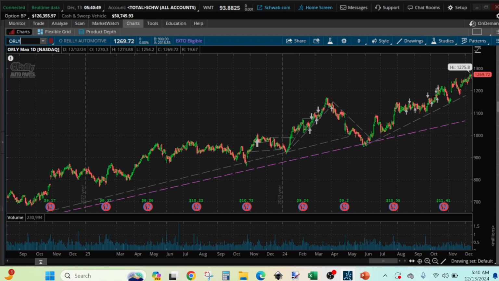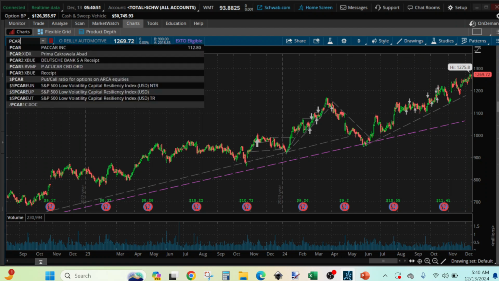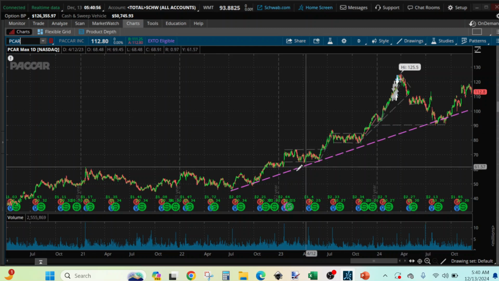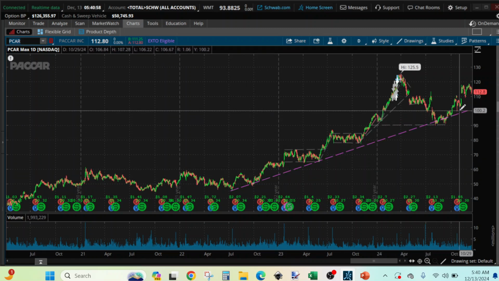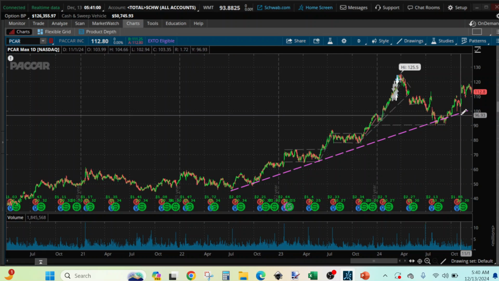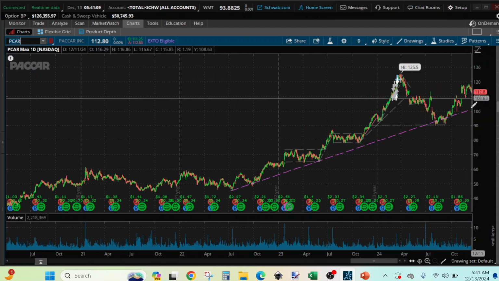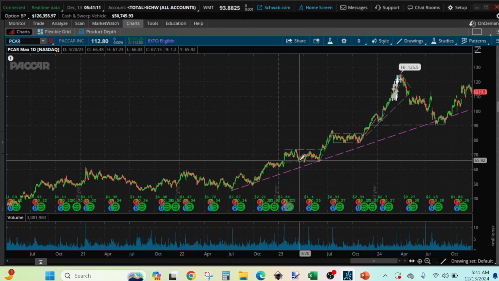P-car. So P-car, we like to buy it on this line. It left it for a while now. Well, $12 difference here. I don't know. Let's see here.